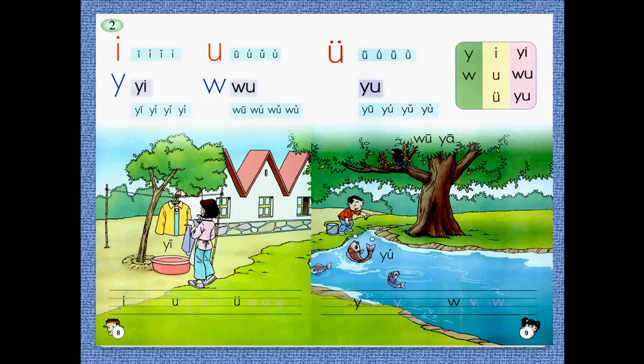The first one is just the single compound vowel, and the second line is the combined Chinese phonetic. So let's repeat. Yi, wu, yu.